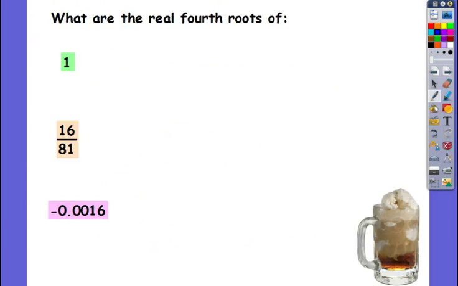Now, if I'm asking for an even root, be careful. If I want the real 4th roots of these numbers, this would be like saying, what number to the 4th power is 1? Well, if I want to undo the 4th power, I would take the 4th root. And there are some limitations to this.